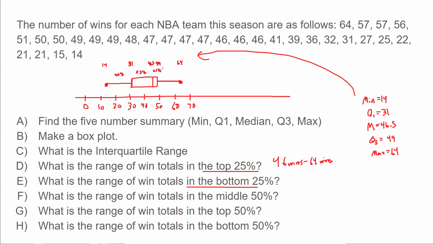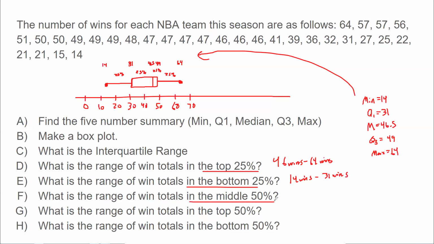The whiskers are each 25%, and the box has two 25% segments. So the bottom 25% of NBA teams have between 14 and 31 wins.